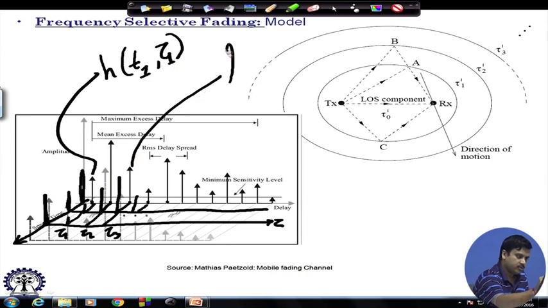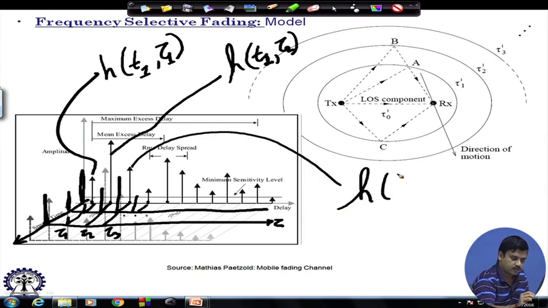This corresponds to h of t1 comma tau 2. Sorry, I made a mistake, not this line. This line is supposed to be for this one. For this one, it is h of t1 comma tau 3.